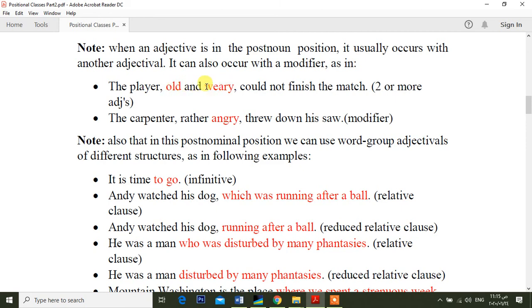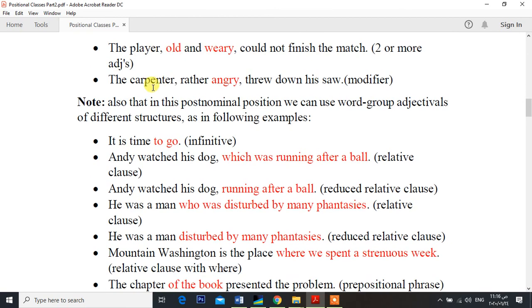The carpenter, rather angry, threw down his saw. Here also we have an adjectival with a modifier, and it also occupies the adjectival position.